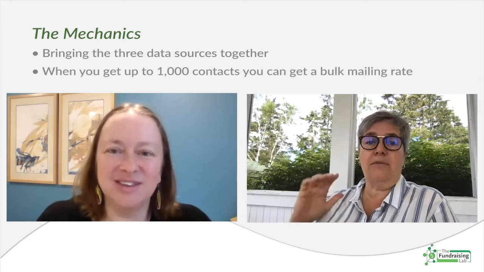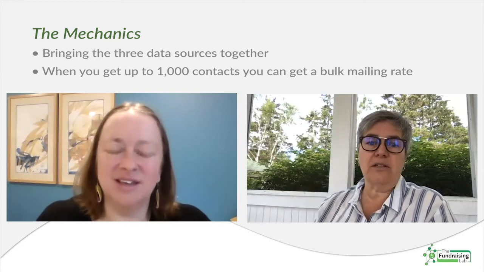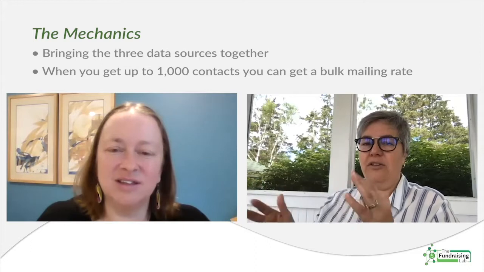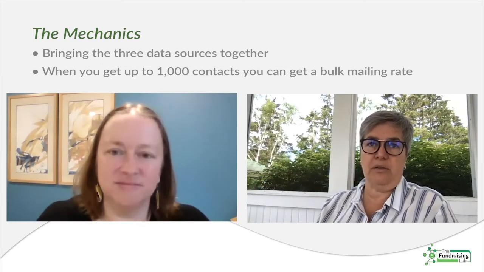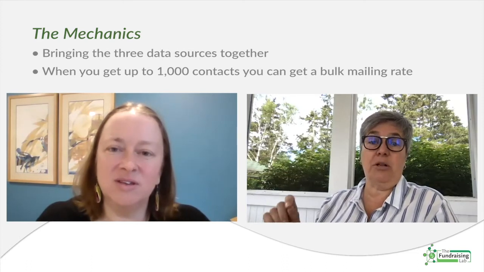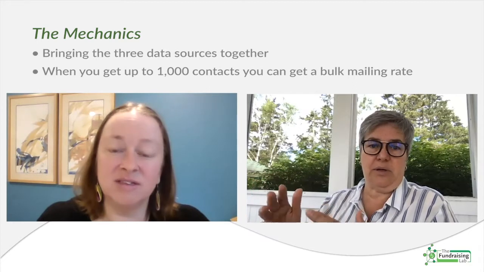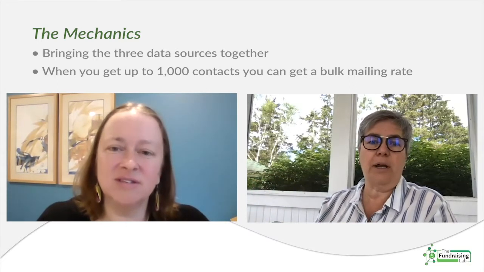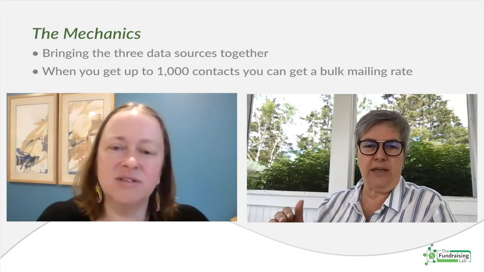So then if you can get up to 1,000 names, you can have a third party do your mailing for you. The advantage is that it doesn't cost you that much more to outsource if you have a good letter shop, because you'll get a bulk mailing rate. Instead of spending $1 and change to mail an envelope right now, it's a little more than 50% of that.